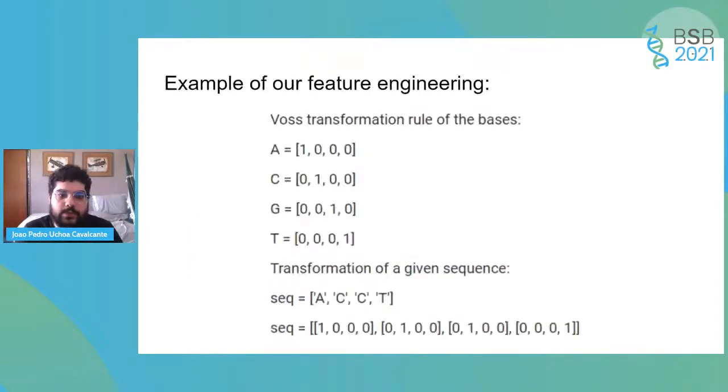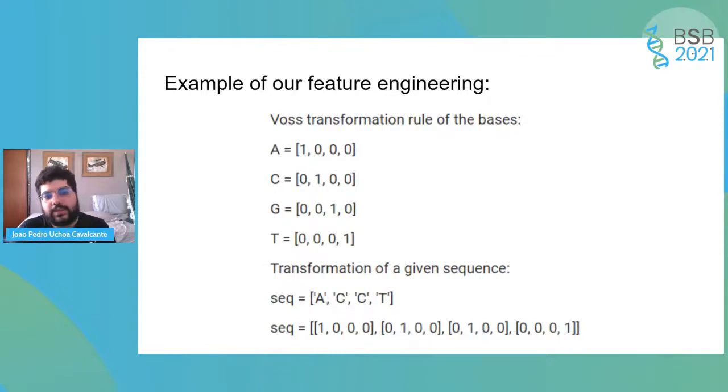This is one example of an intermediary representation: the Voss transformation, or Voss representation. It's basically a rule for translating biological sequences into number-based sequences, discrete number sequences.